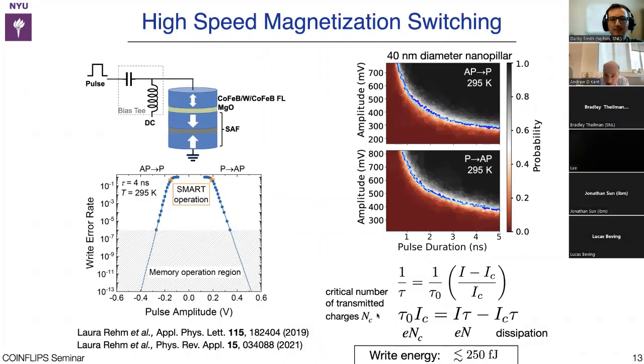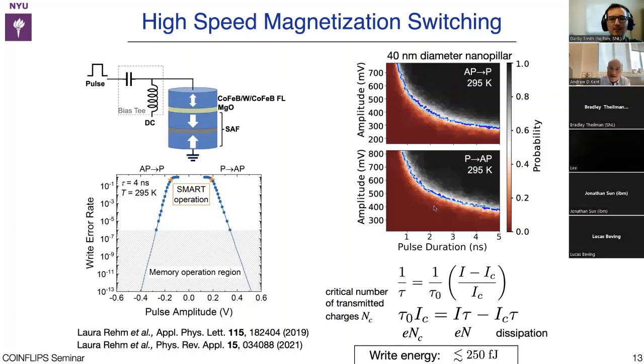Now, the conservation of angular momentum says basically you have to put this many charges through the device: some characteristic time times the critical current, the pulse amplitude times the time, and part of that angular momentum goes into dissipation. So the higher the current, the smaller the fraction that goes there.